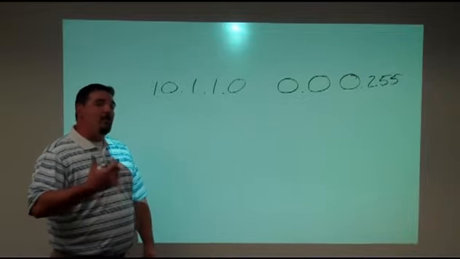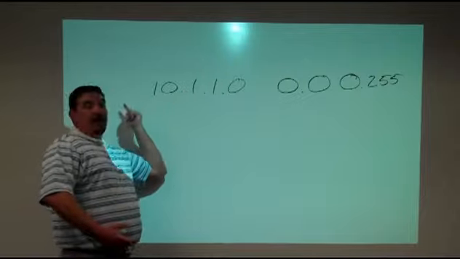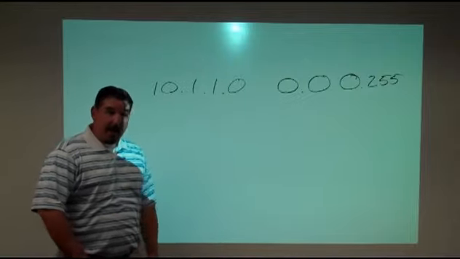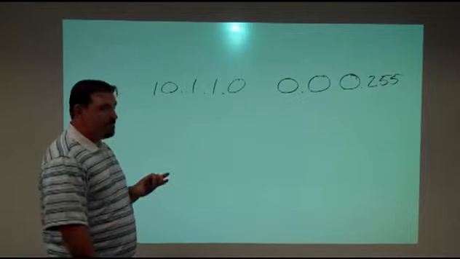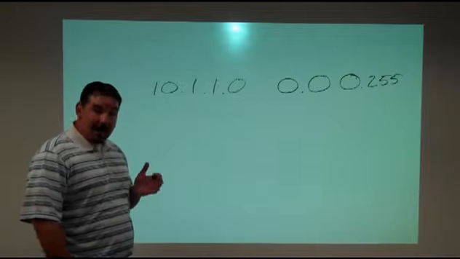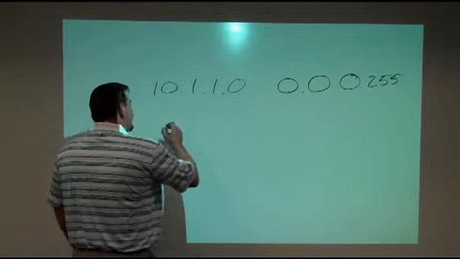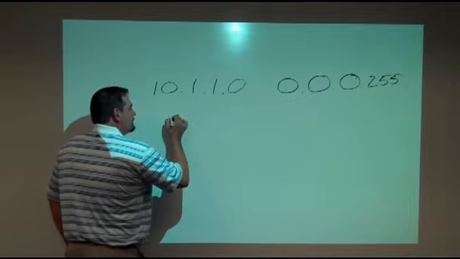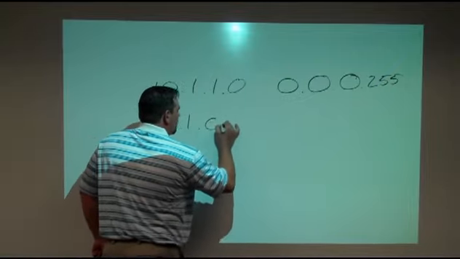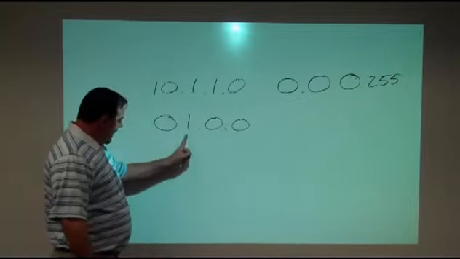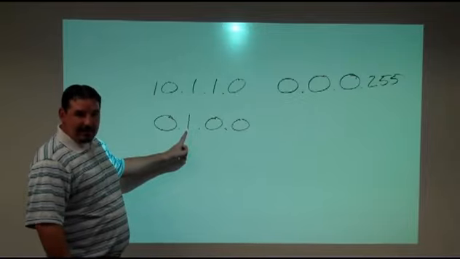Okay? Why I always mention that, in most cases people would say that this is the 10.1.1 subnet. Okay? Here's why I say a wildcard mask does not have anything to do with matching a subnet mask. I can actually use a wildcard mask to say, I want to match a 1 in the second octet. Okay?